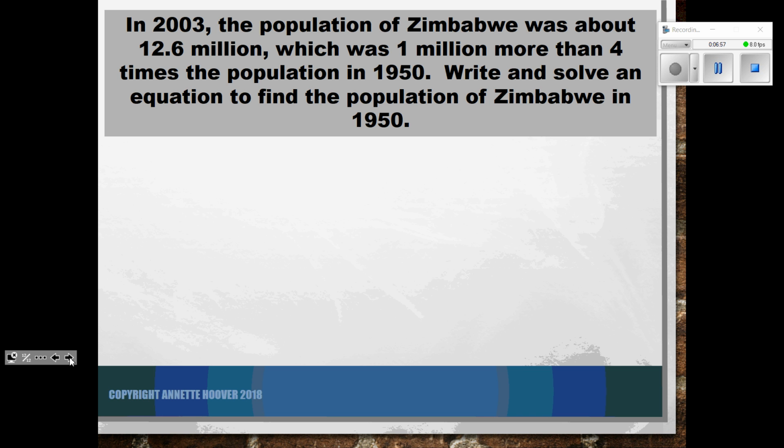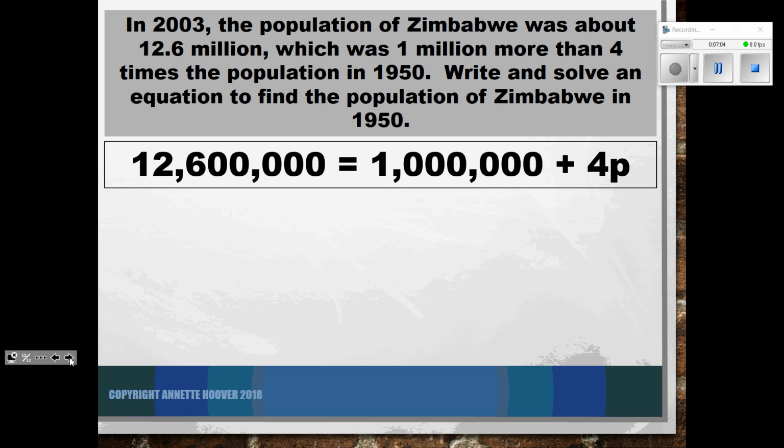Okay, maybe you've had time to think about what kind of equation you would write to find out what the population of Zimbabwe would be in 1950. Okay, so let's go back. It says that in 2003, the population was about 12.6 million.